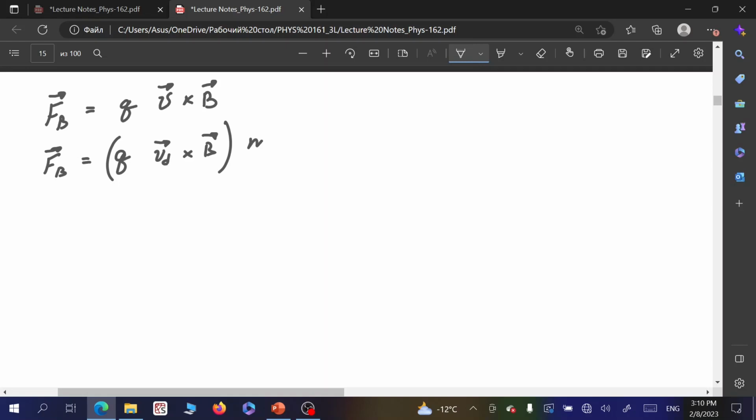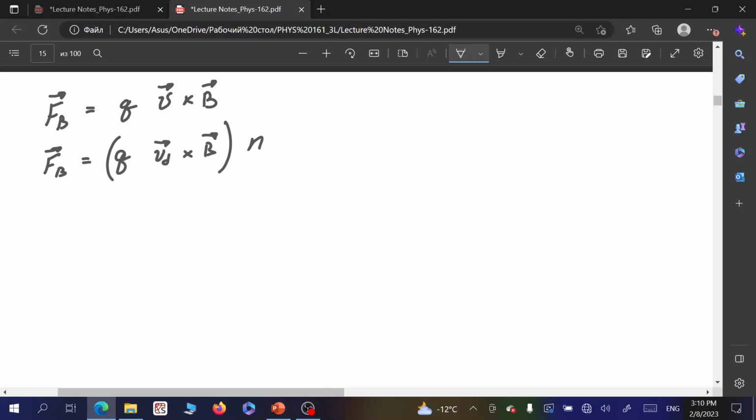So we multiply it by n, which stands for the number of electrons per cubic centimeter, meter, whatever units we use. And obviously, we need to take into account the volume of the conductor within which we consider these charge carriers.